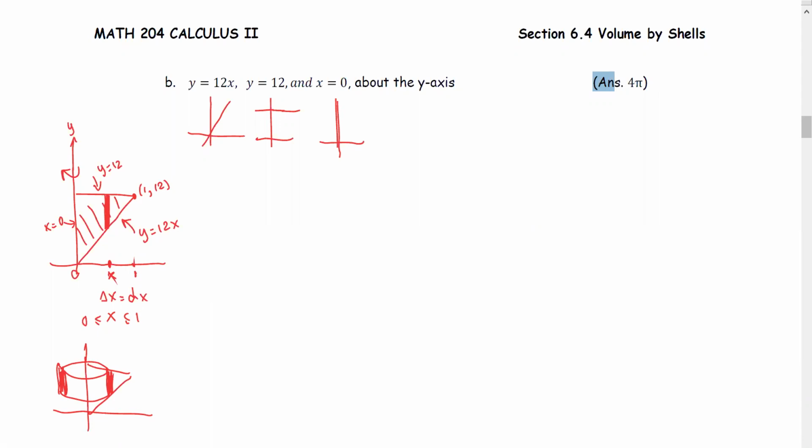So set up the integration. The volume V is the integral from a to b, or from 0 to 1, 2 times pi times the radius. In this case, the radius is the measurement from the axis of revolution to the position of the slice. The radius is x.